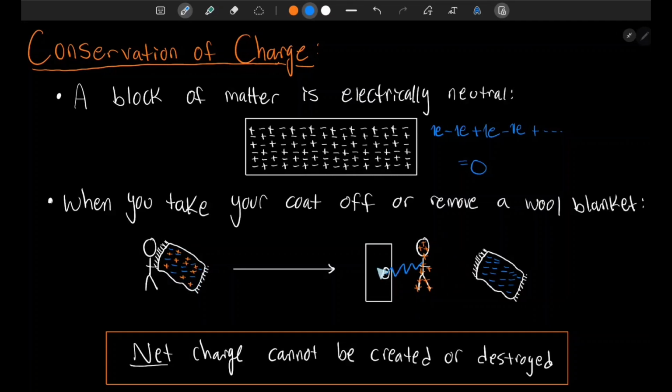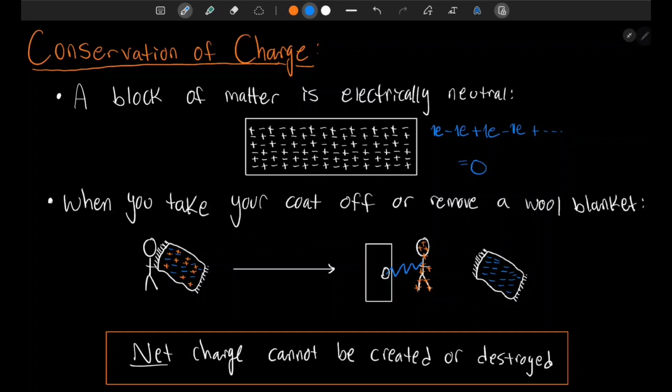So when you touch a metal doorknob, the electrons from this doorknob, which move around very easily, prefer to move over to your body, and the feeling you have when those electrons move over is the feeling you have when you get shocked. So this is a very simple example of how net charge can't be created or destroyed.